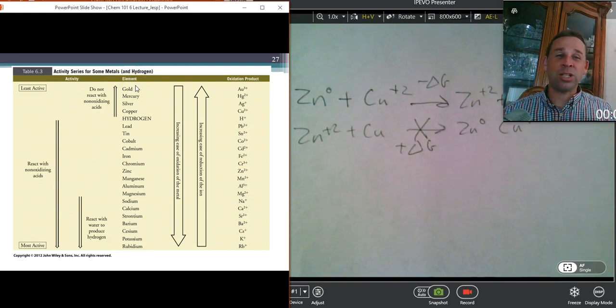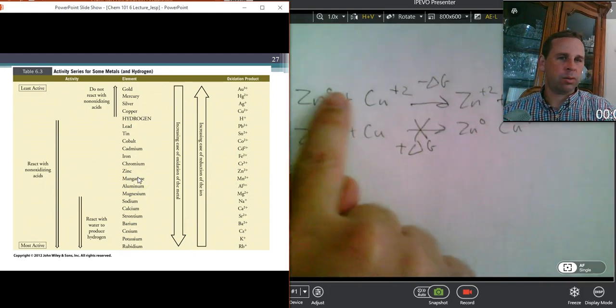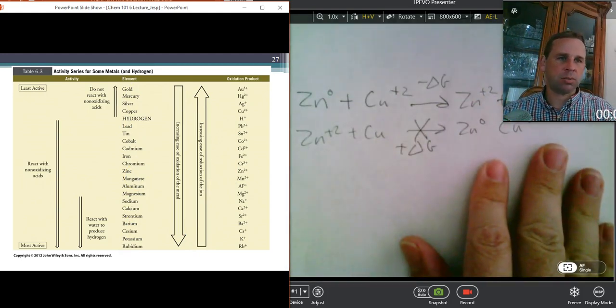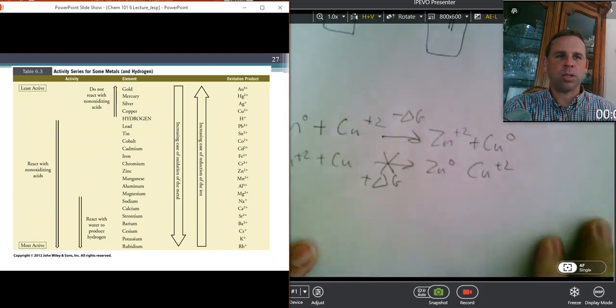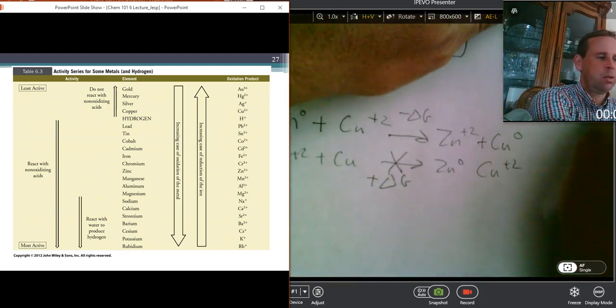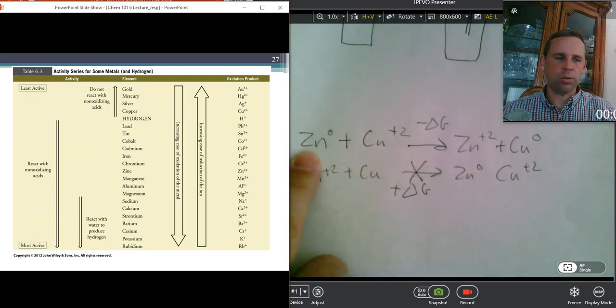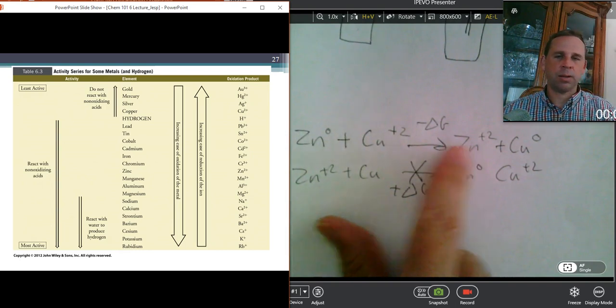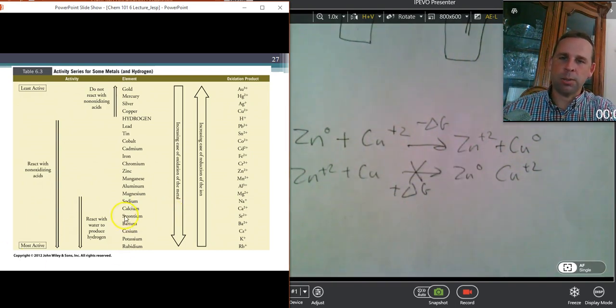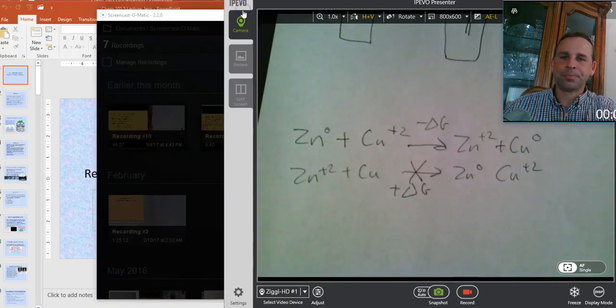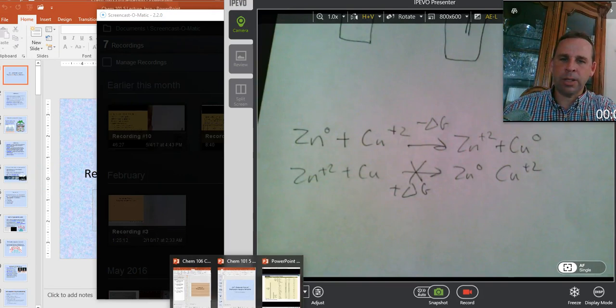And so when there's a general relative activity table provided, you can identify which one of these reactions would be spontaneous, right? By looking at which ones are more reactive, and therefore the more reactive ones want to give up electrons, right? And the more reactive ones are listed down on the bottom. Another way to think about it is the more reactive ones want to be ions, right? And the less reactive ones want to be metallic. All right, so that's our reactivity table there.